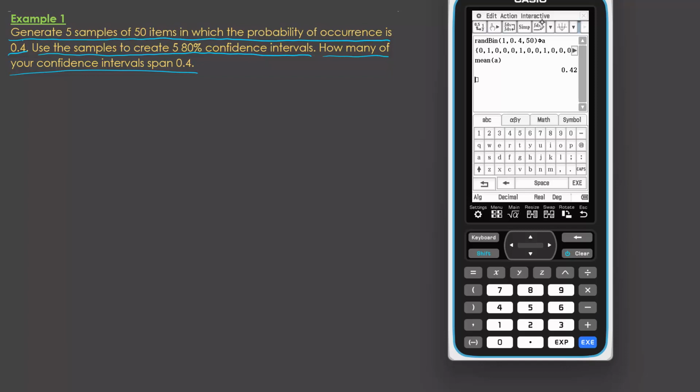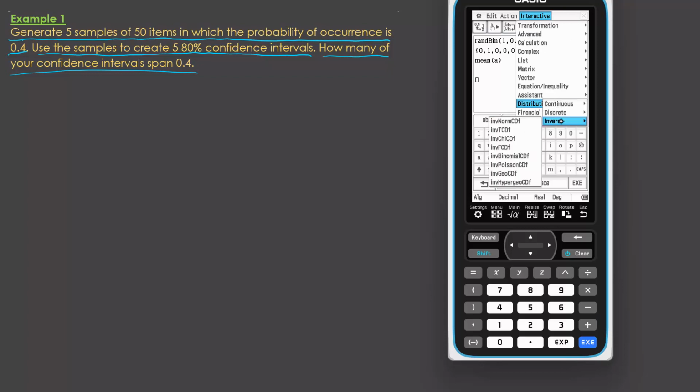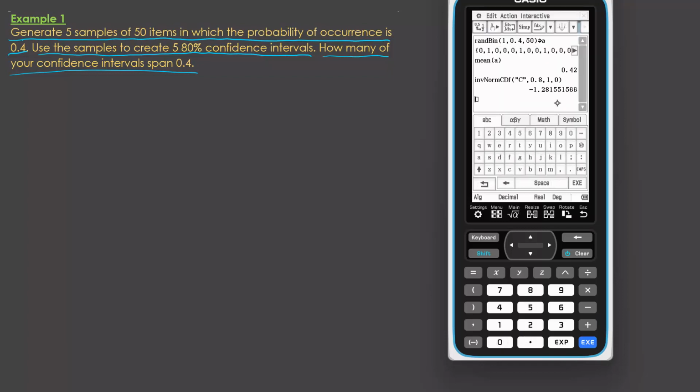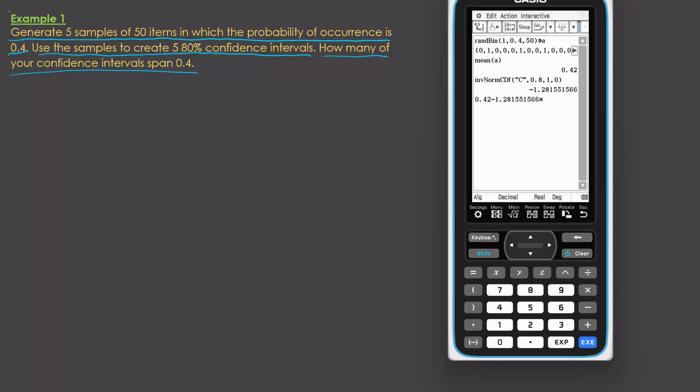Now we want an 80% confidence interval. So I'm going to go to inverse normal, center, probability 0.8, and that will give me the correct Z value. So my confidence interval is going to be the 0.42 take away my Z score multiplied by the standard deviation.